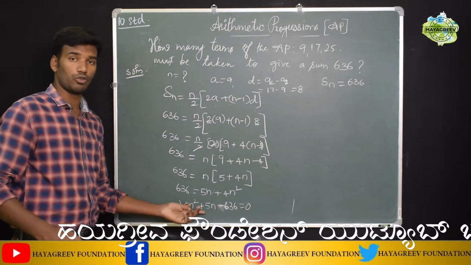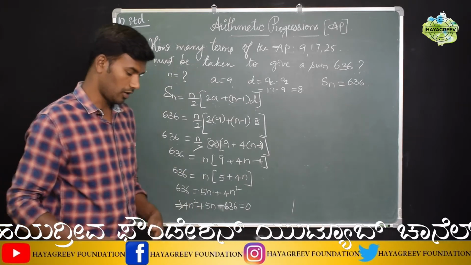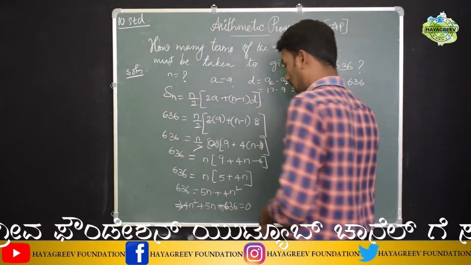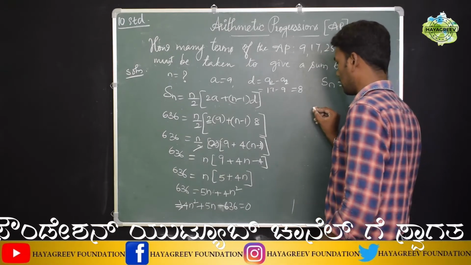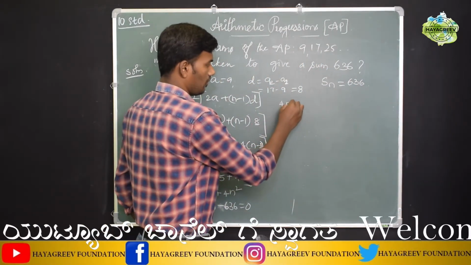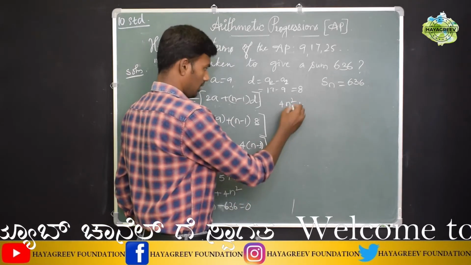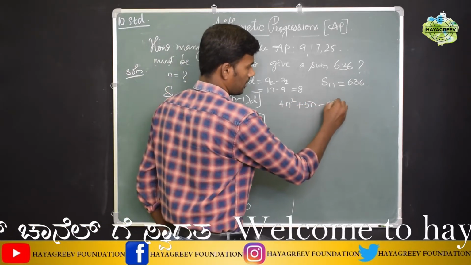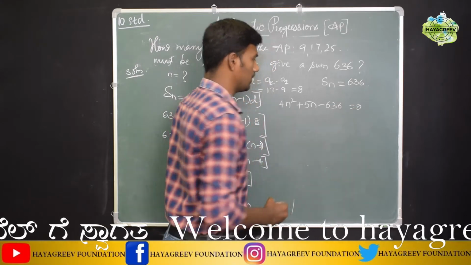We are going to use the factorization method to find n. We have the equation 4n square plus 5n minus 636 is equal to 0.